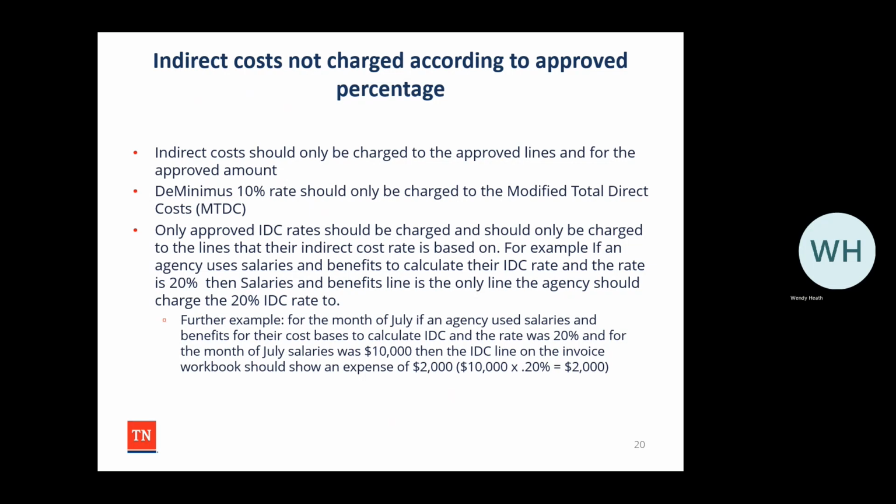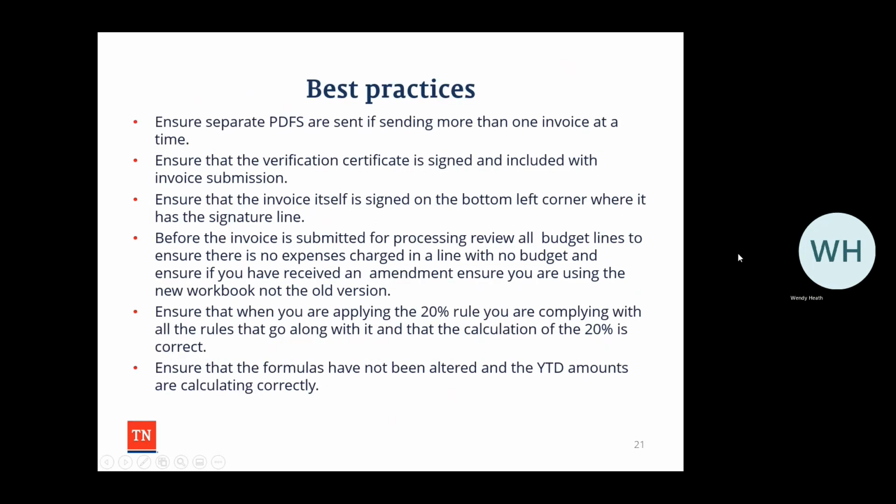So let's talk about best practices. Ensure separate PDFs are sent if sending more than one invoice at a time. Ensure that the verification certificate is signed and included with invoice submission. Ensure that your invoice itself is signed on the bottom left corner where it has the signature line.